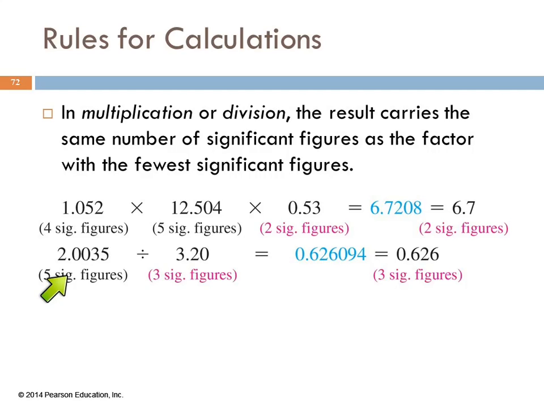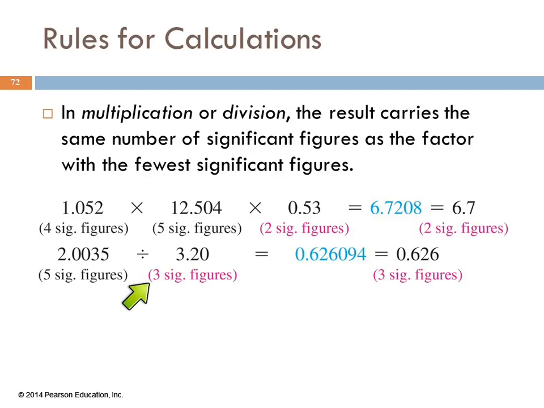Here we're dividing 2.0035 divided by 3.20. Your calculator will give you something like that. Some of that is garbage. You look at the numbers that you were doing the math with. This one has 5, this one has 3.